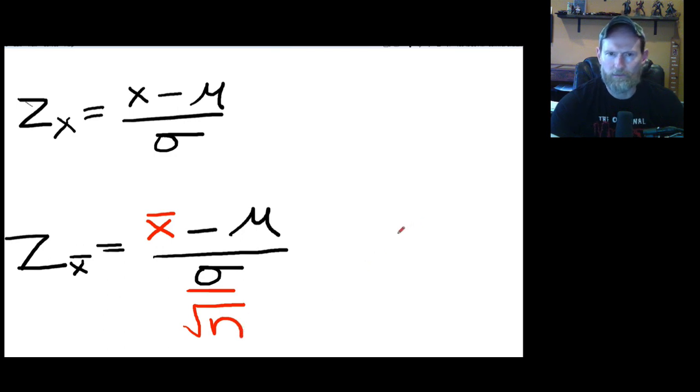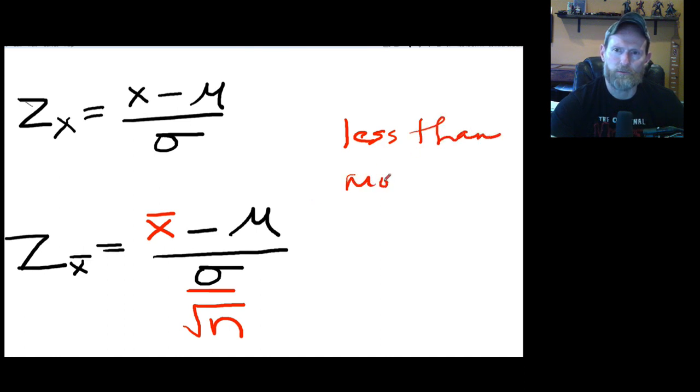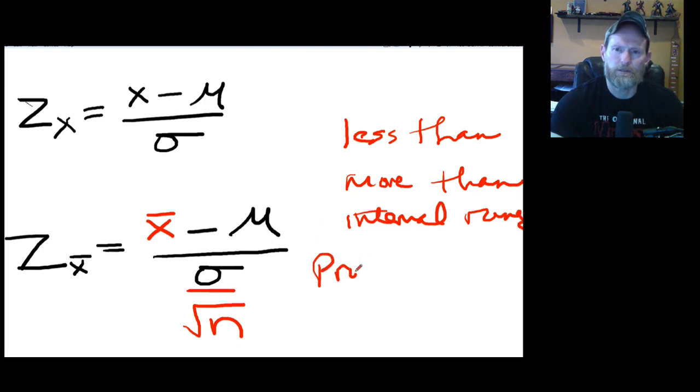But really, that's it. Those are the changes. So when we're talking about less than, when we're talking about the probability of a sample mean more than, when we're talking about the probability of a sample mean within an interval or a range, or if we have a probability and we want to determine the sample mean.